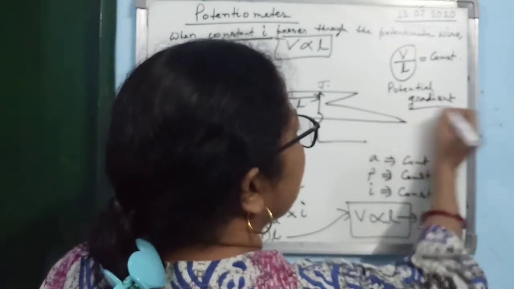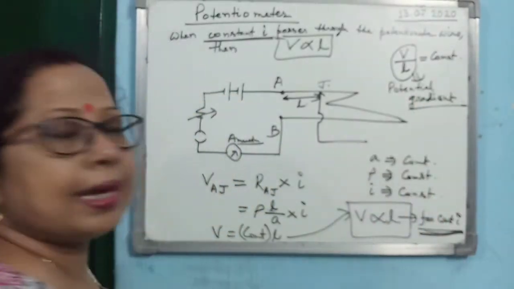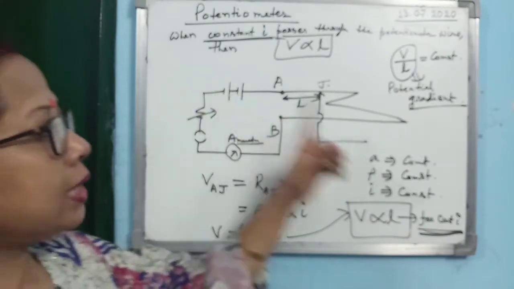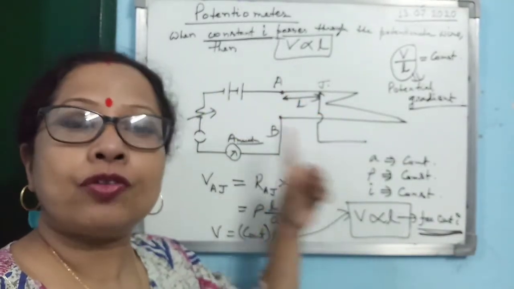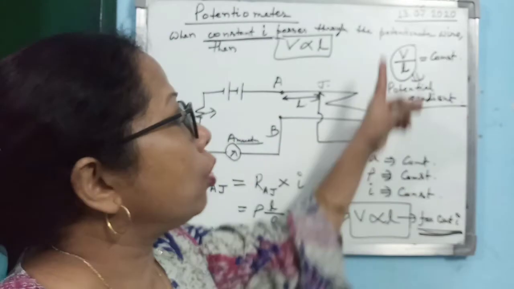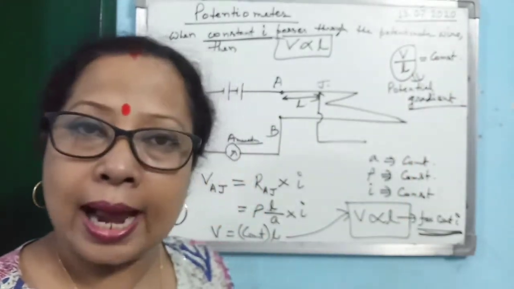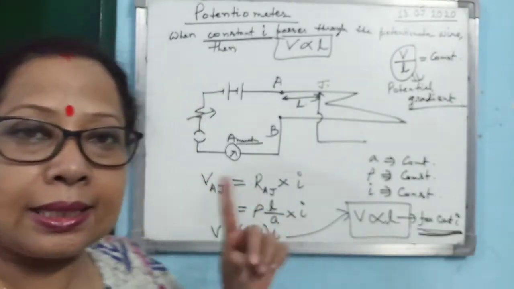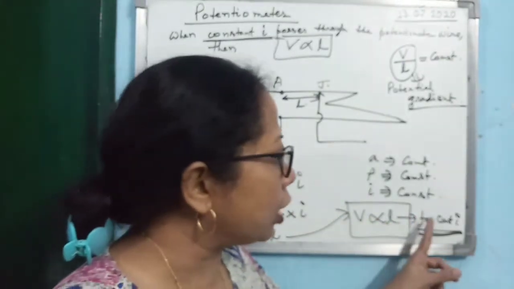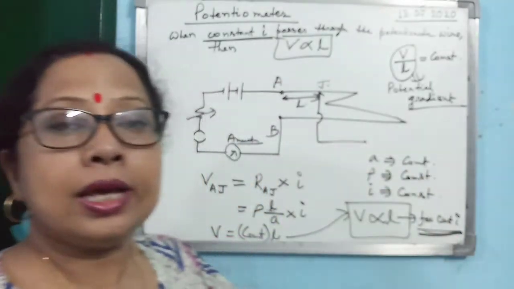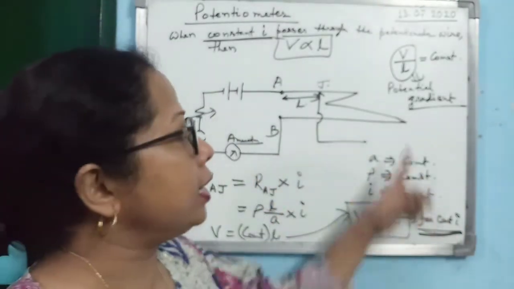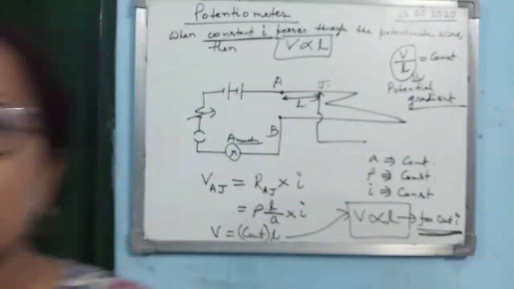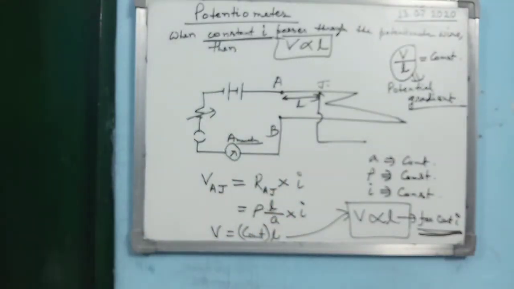So potential gradient of a potentiometer is always constant. So working principle of potentiometer, one can say either V proportional to L for constant I, or for constant I, potential gradient across the potentiometer is always constant.